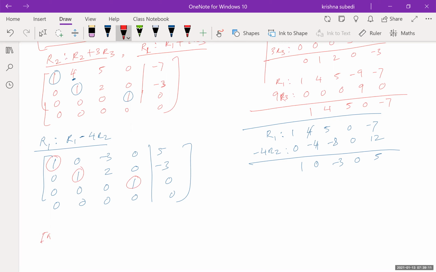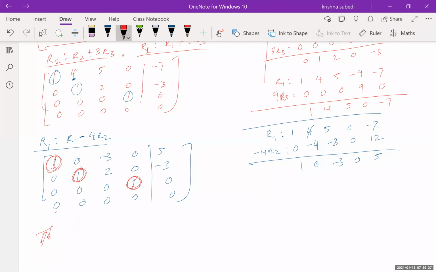And we notice that this is your pivot column and this is your pivot. Except that pivot, everything is 0. This is your second pivot column and this is your pivot, and except the pivot, everything is 0. And since this is not a pivot column, we are not interested in that. Whatever is there, we don't care. And the third pivot column is this, and this is 1, and everything else is 0.